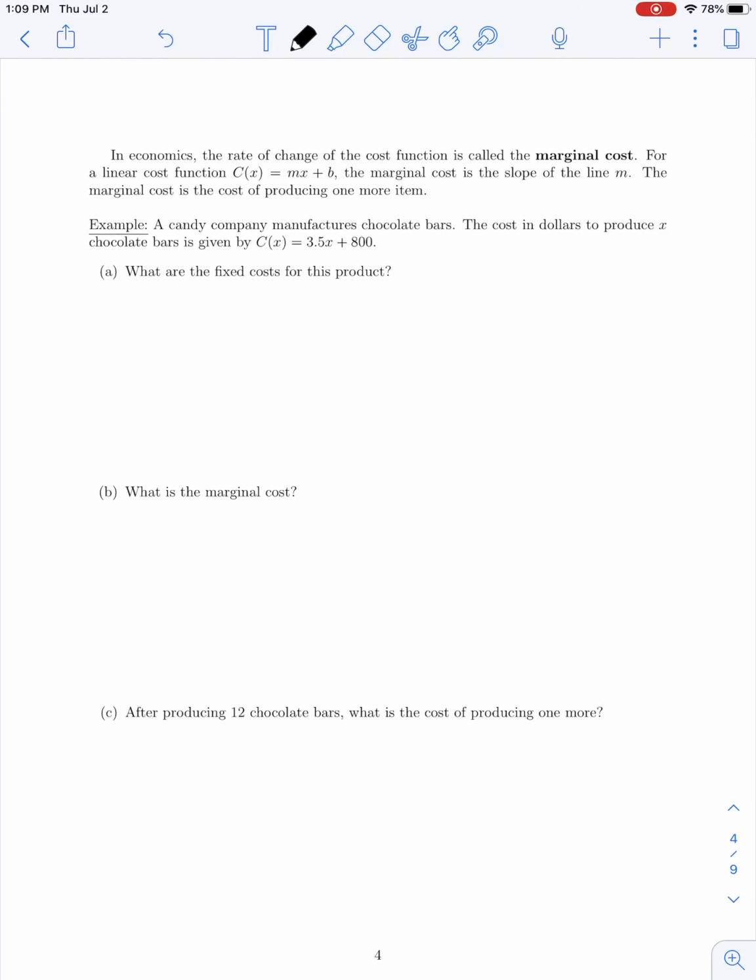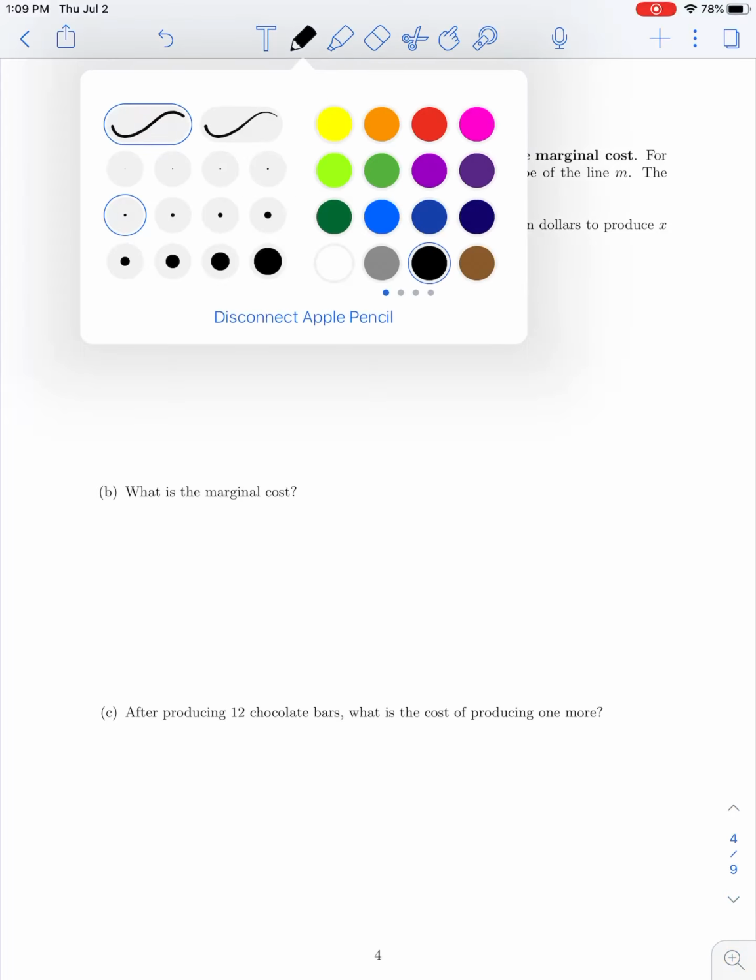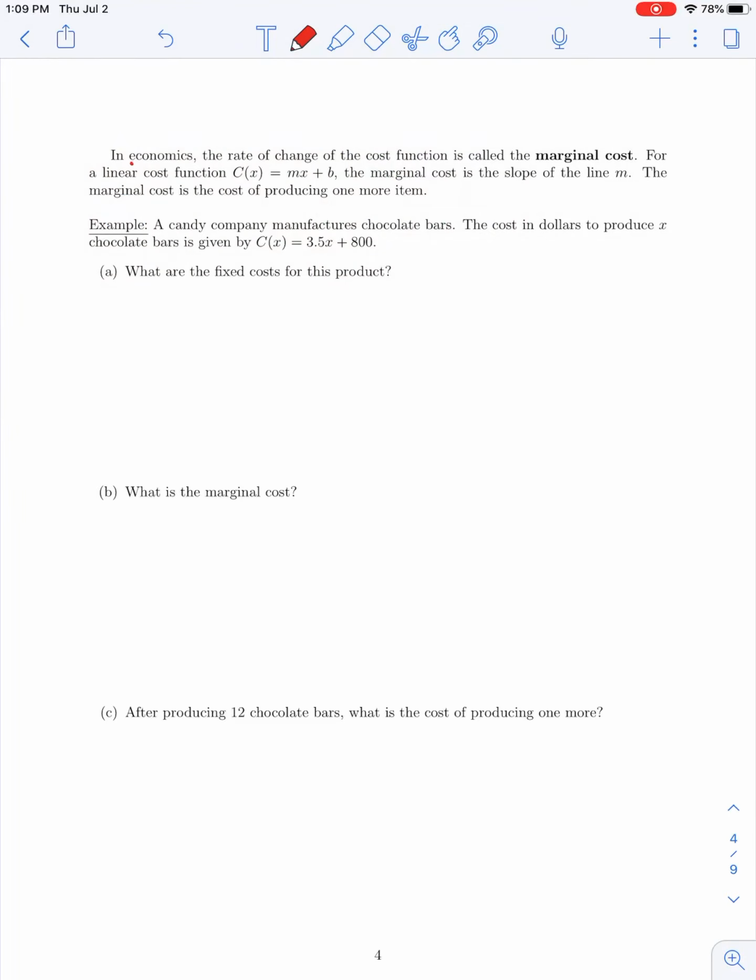Now in our next example, we'll consider the rate of change of a cost function, which is assumed to be linear. So in economics, we refer to the rate of change of a cost function as marginal cost. So marginal throughout our course will mean a rate of change, or how rapidly something is changing.